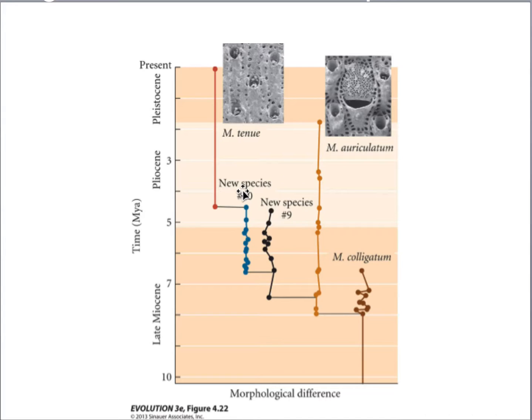Now, how exactly does this happen? If you're trying to figure out in real life, we have these species that are distributed across a landscape. Eldredge and Gould proposed that this happened because the new species were actually evolving in small populations.